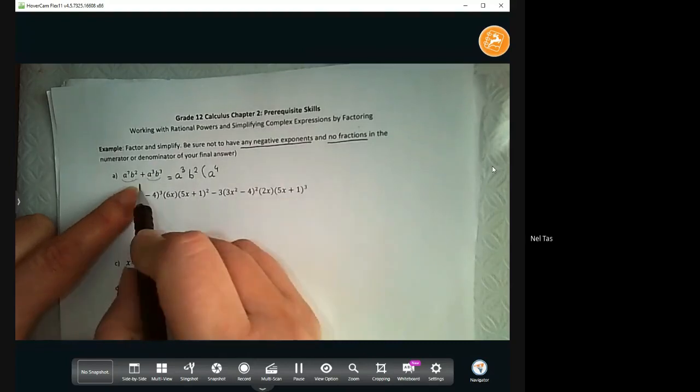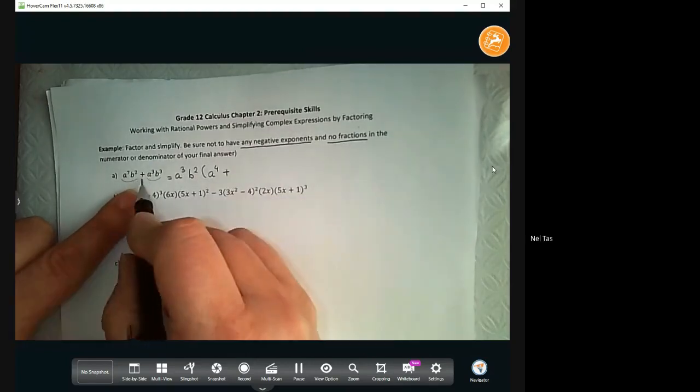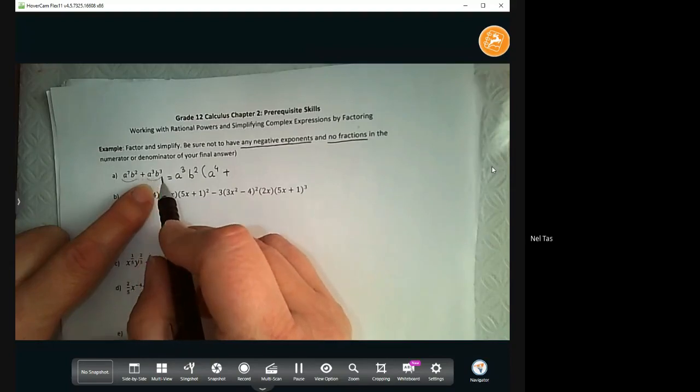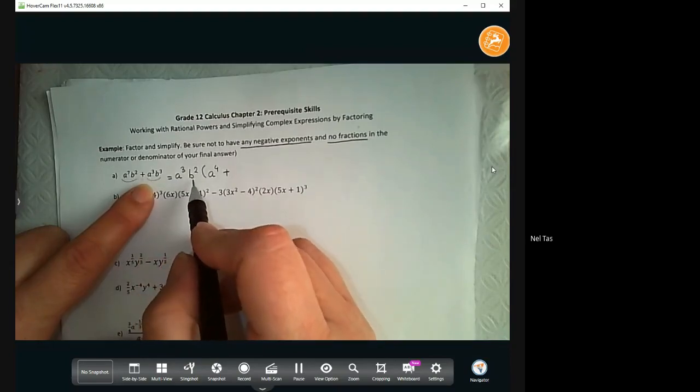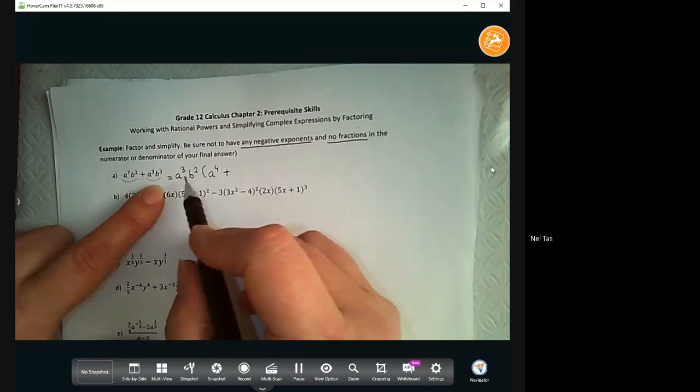And b squared divided by b squared is 1. So plus, and now we are going to divide the second term, a cubed b cubed by a cubed b squared. So a cubed divided by a cubed is 1. b cubed divided by b squared is b.